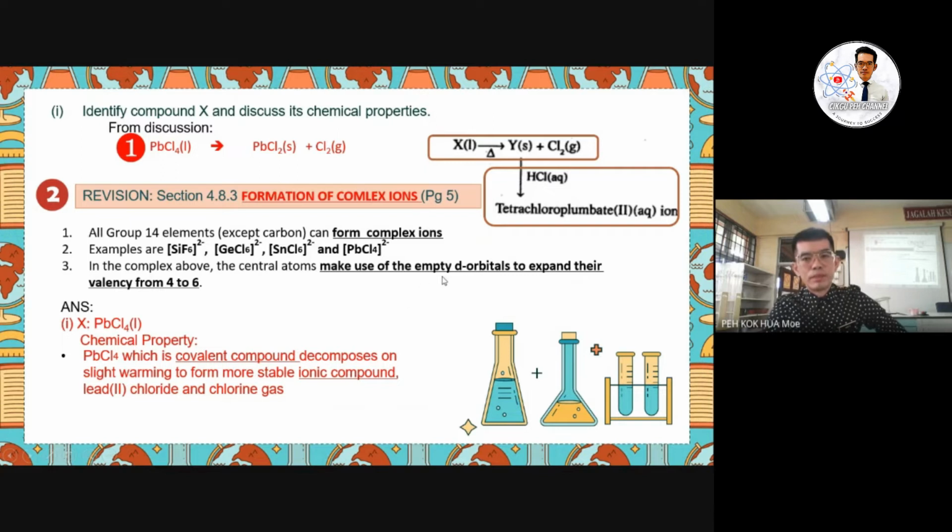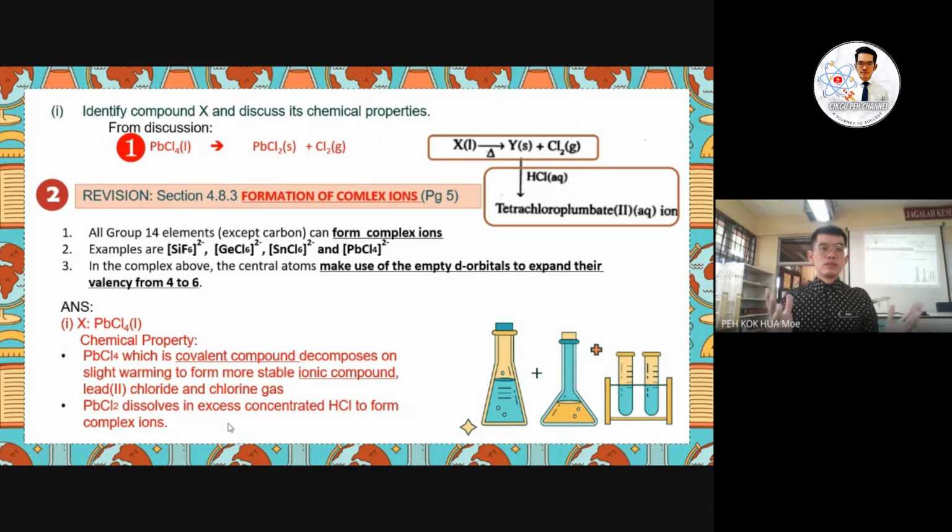Because they have empty d orbitals to expand their valency from 4 to 6. So another chemical property you can discuss is that lead(II) chloride can dissolve in concentrated hydrochloric acid to form a complex ion.